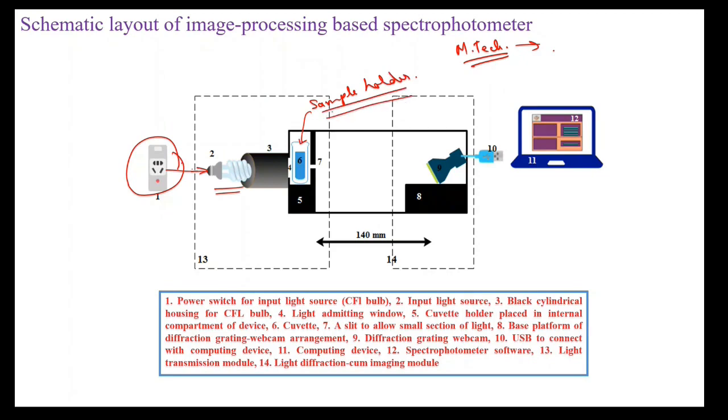Okay, once you have the sample holder, after that you will have a slit which will allow only a certain portion of the light to pass through. Now this light which is exiting will be made incident onto a camera.